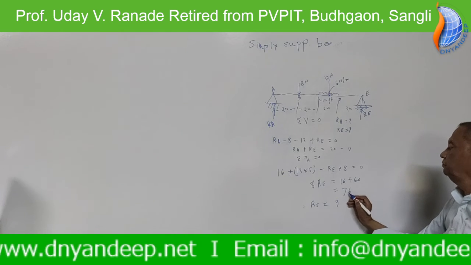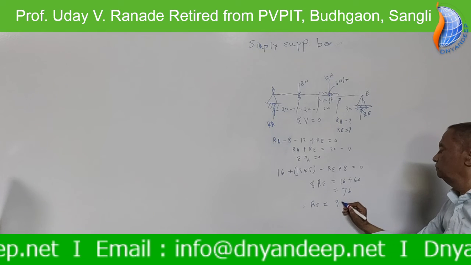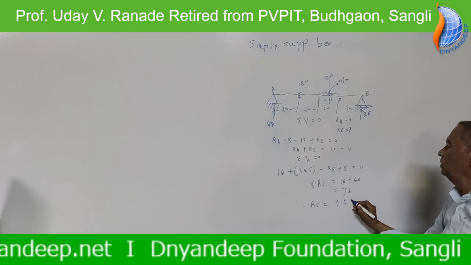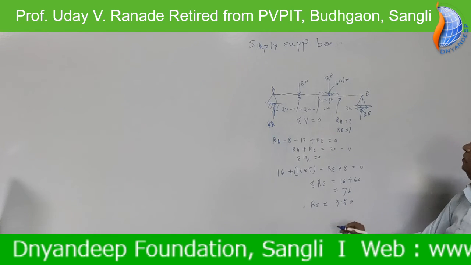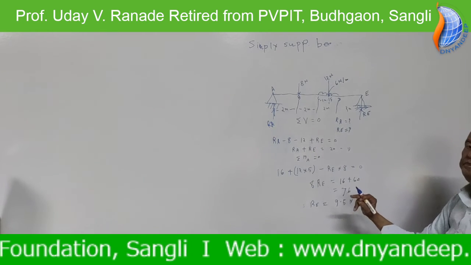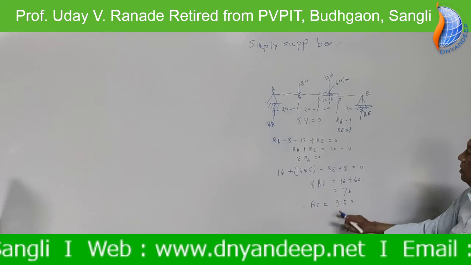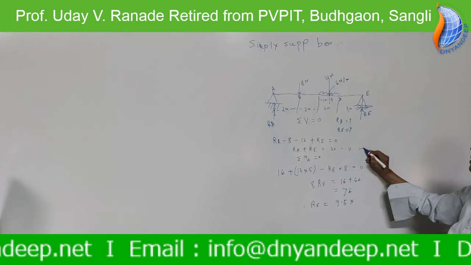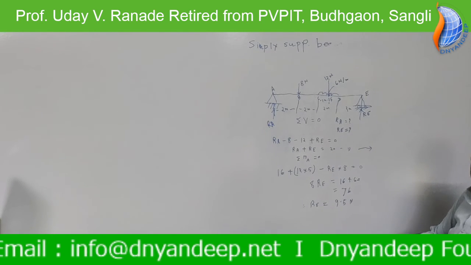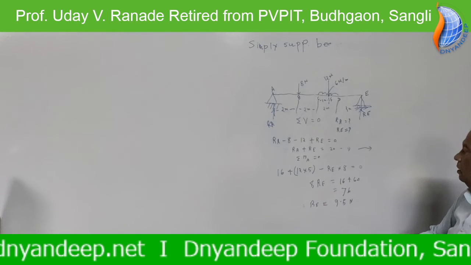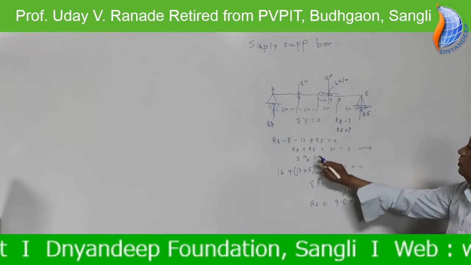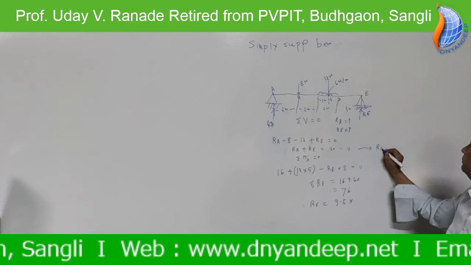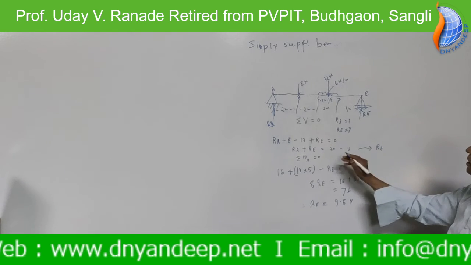8 9 72, 4.5 Newton. But what is RA plus RE? 20. Putting RE in this equation, here you can write, so it will be easier to understand. Put RE equal to 9.5. So RA plus RE goes on this side.